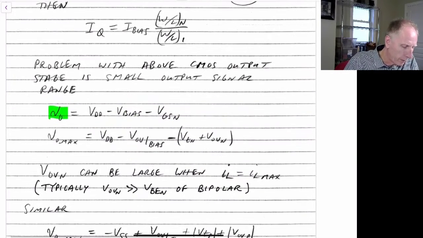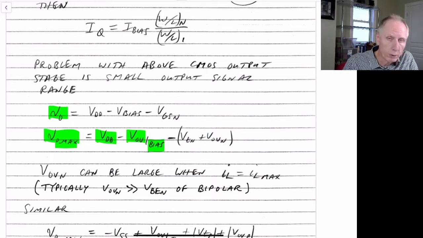So the maximum output voltage we can get will be VDD minus the V overdrive of that bias voltage. So that might be a V overdrive for whatever that bias voltage be. It might be 100 millivolts or so, so not too much. But also minus the gate to source voltage, which is going to be the threshold of that PMOS power transistor, plus the overdrive voltage of that.